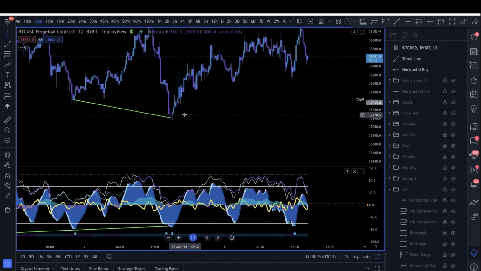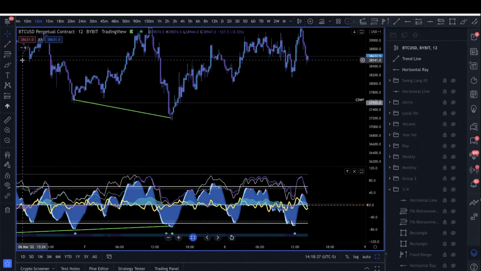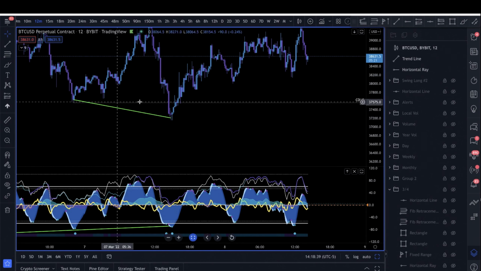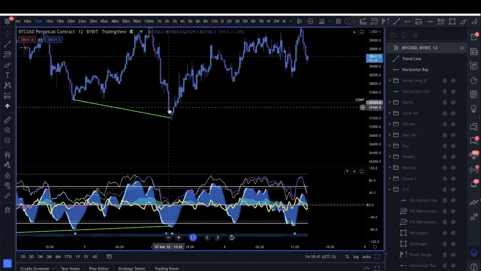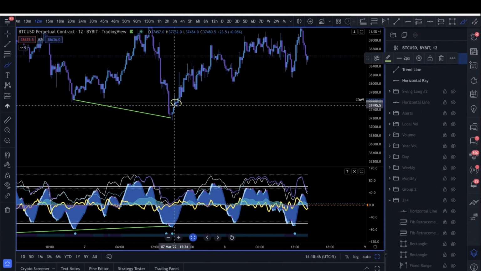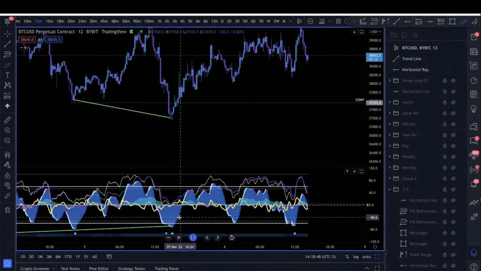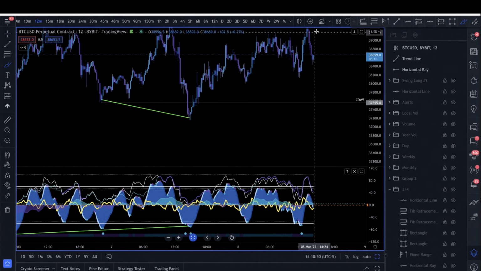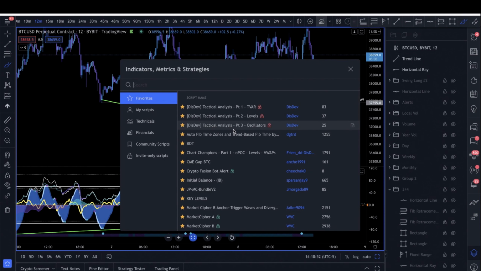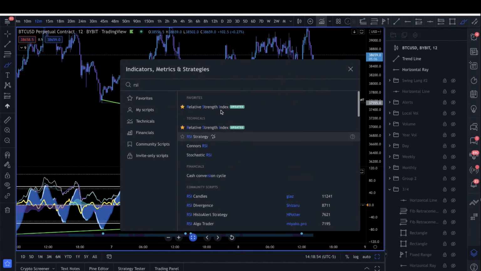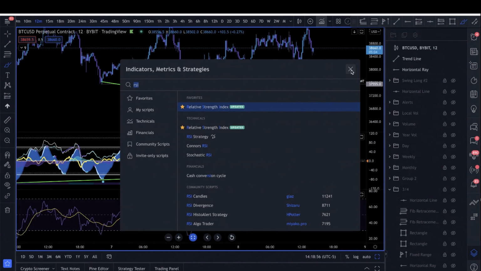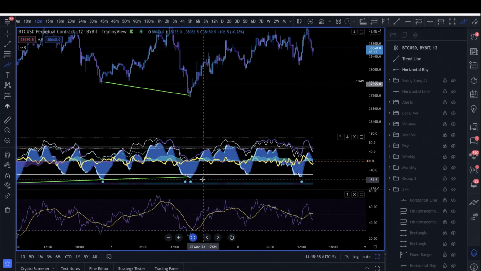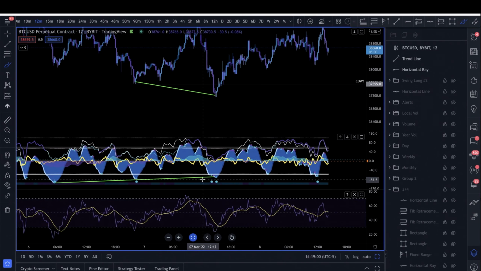But the point is, we still were able to identify the fact that we had lots of shorts coming into the market right here. They were immediately being trapped. And then we also see on Market Cipher B bullish divergence. Even if you're using a regular RSI, relative strength index, are we getting bullish divergence on the RSI?